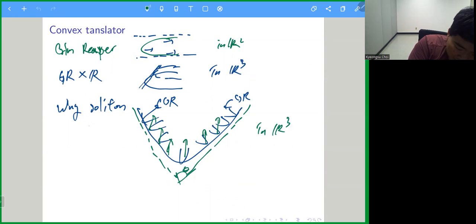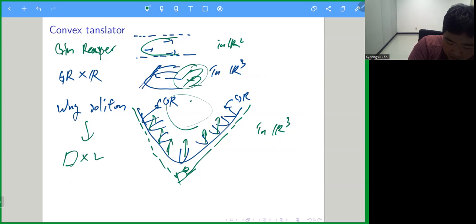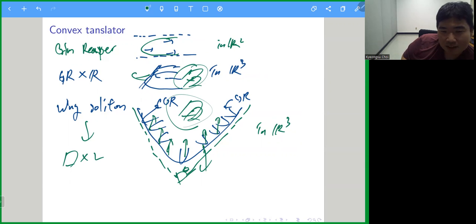These converge to a plane with multiplicity 2, because these parts look like two planes, and also these parts look like two planes. As time goes back, this one goes this way and this one goes that way. So if you fix the center and see what happens around the space origin, it becomes like two planes.